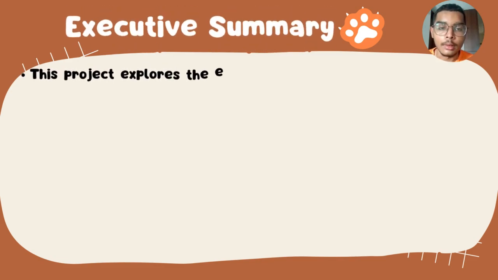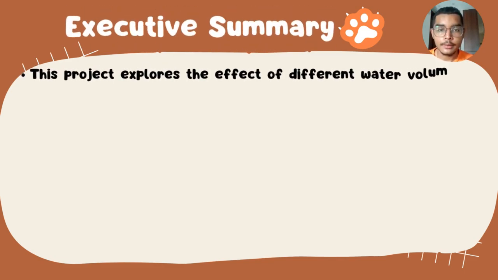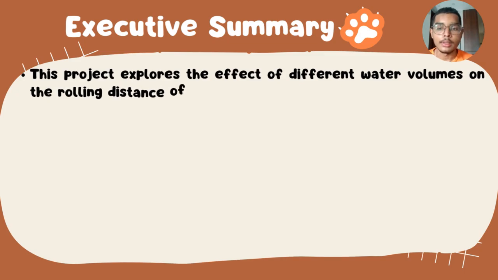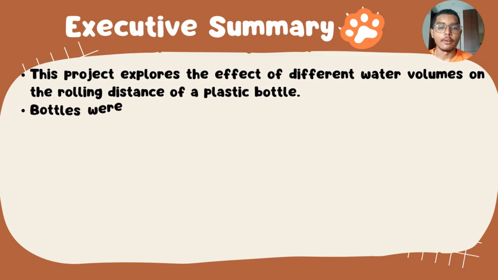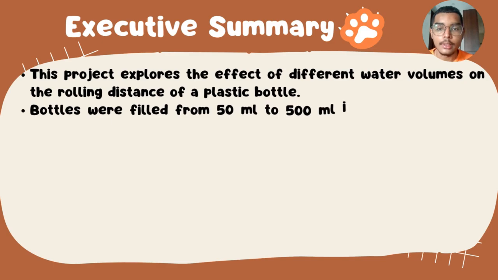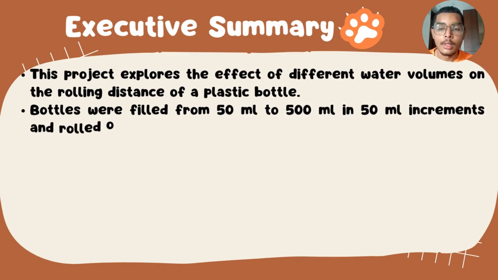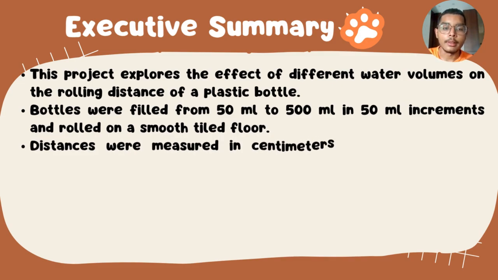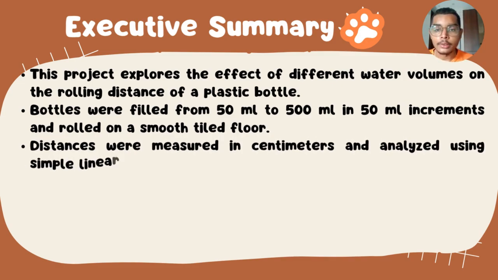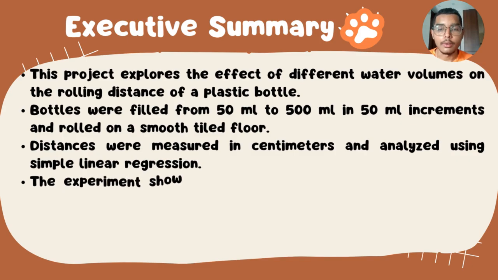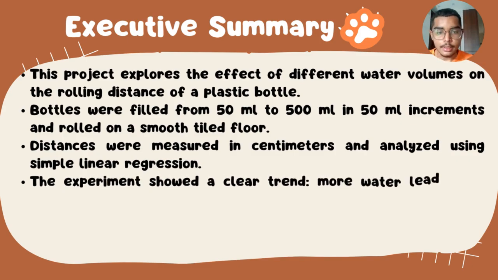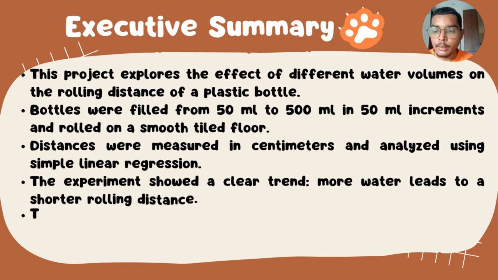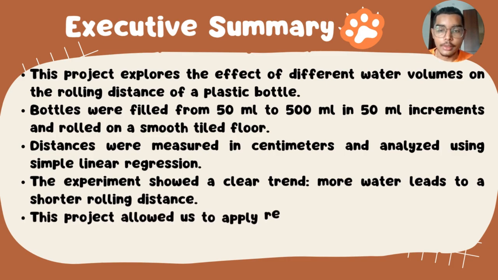Now I'm going to present the executive summary of this project. This project explores the effect of different water volumes on the rolling distance of a plastic bottle. Bottles were filled from 50 ml to 500 ml in 50 ml increments and rolled on a smooth, tiled floor. Distances were measured in centimeters and analyzed using simple linear regression.